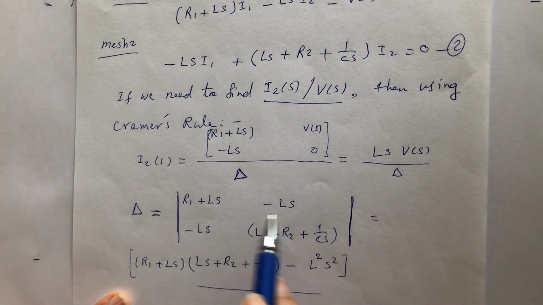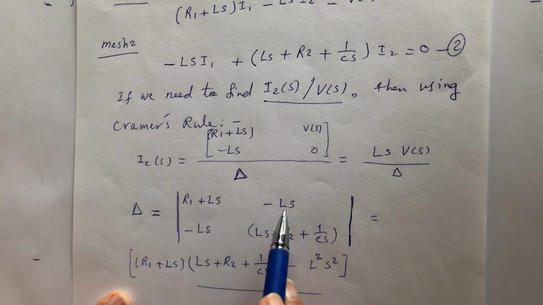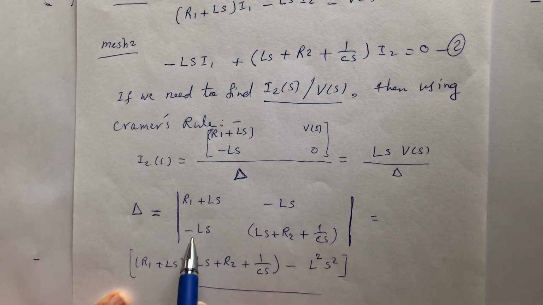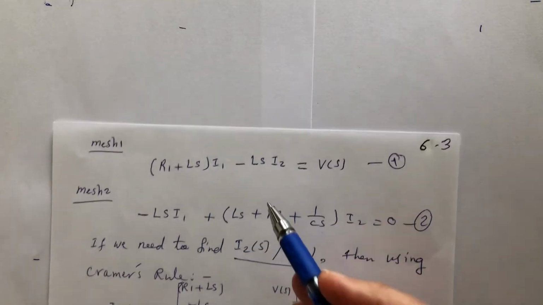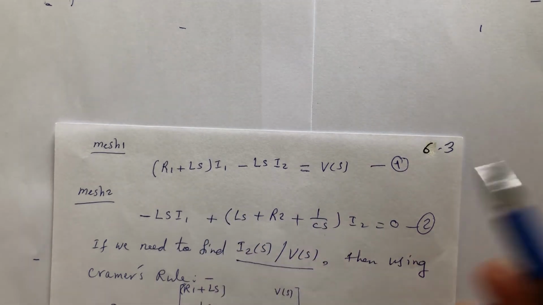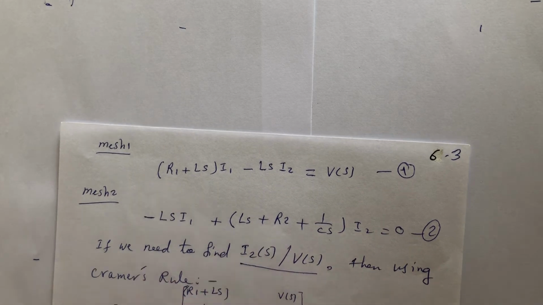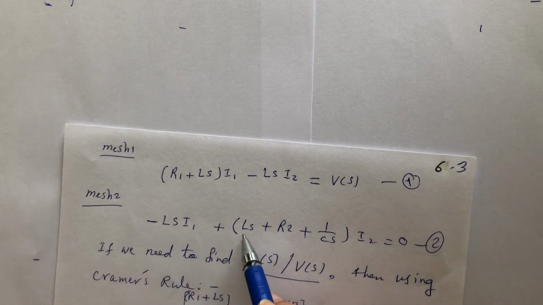The delta is the determinant of this matrix, which is R1 plus LS, minus LS, minus LS, LS plus R2 plus 1 over CS, which is from this equation, okay? So the matrix, let's call it the A matrix: R1 plus LS, minus LS, and then the next row is minus LS, LS plus R2 plus 1 over CS.